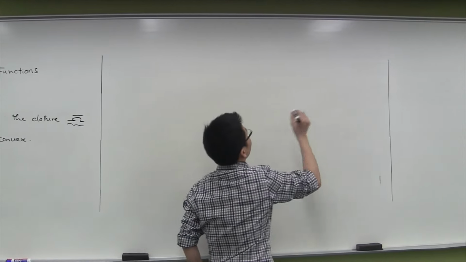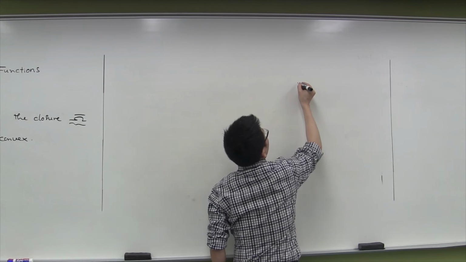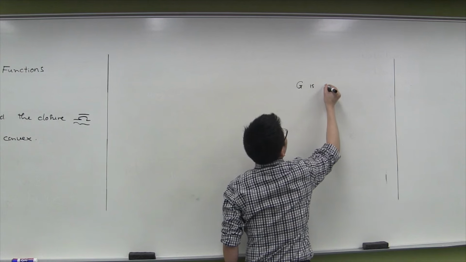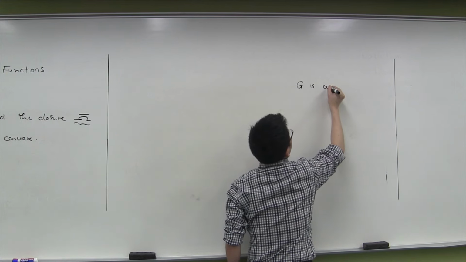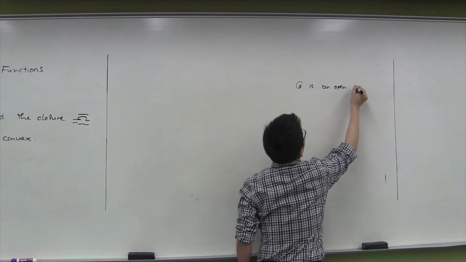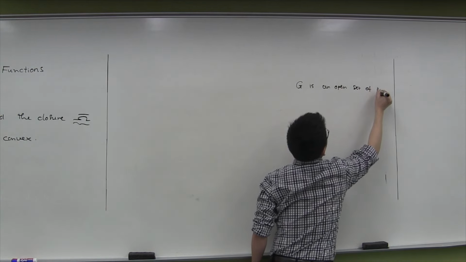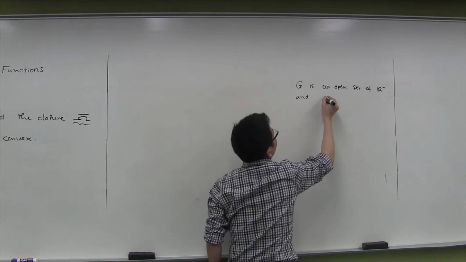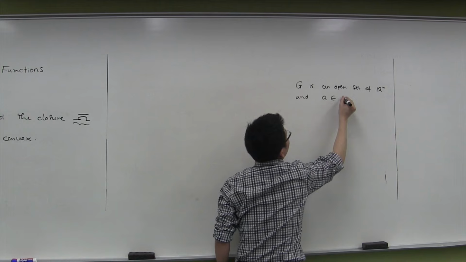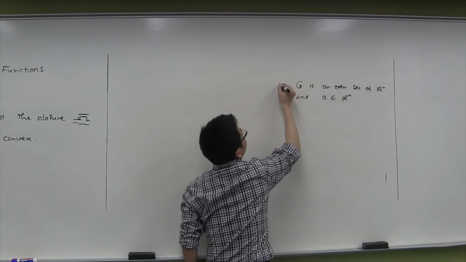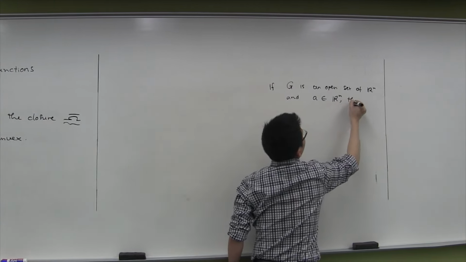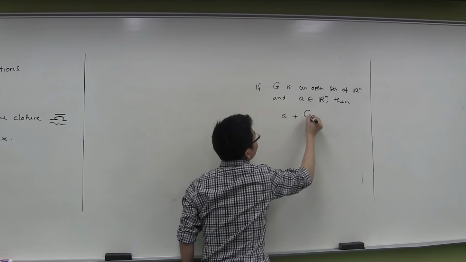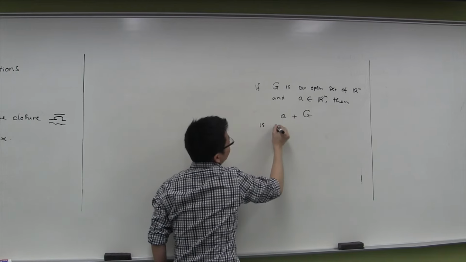We can show the following property: if G is an open set of Rn, and A is an element of Rn, then this new set A plus G is open.